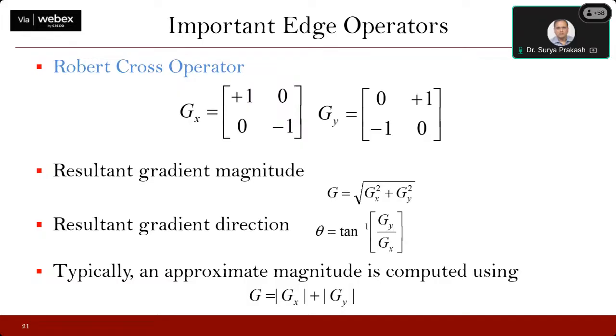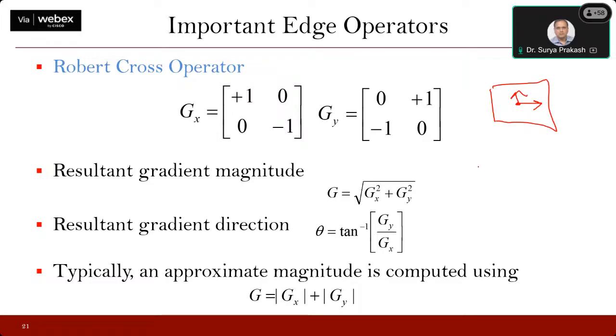In the previous case, we computed our gradient in the x and y directions. You computed how much is the difference if you are moving this side, and how much if you are moving this side, and then based on that you calculated the gradient.